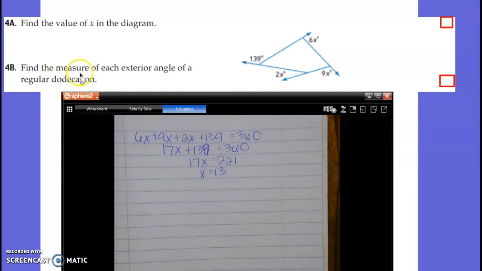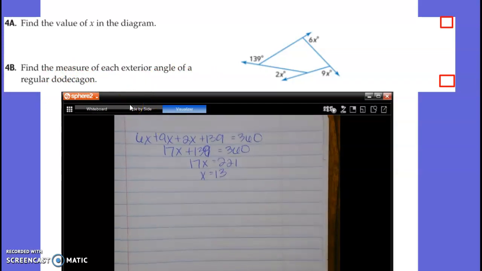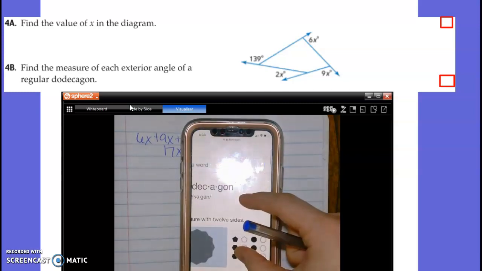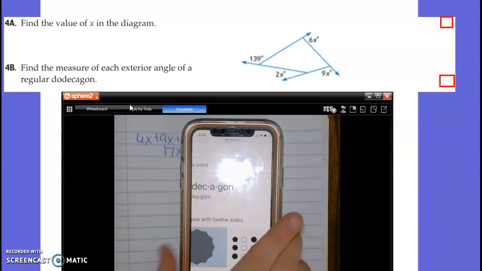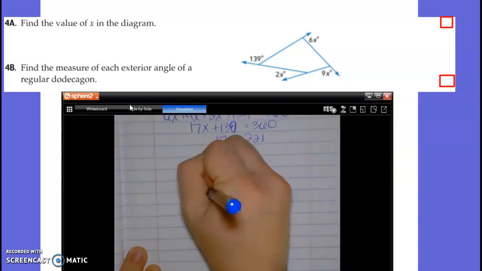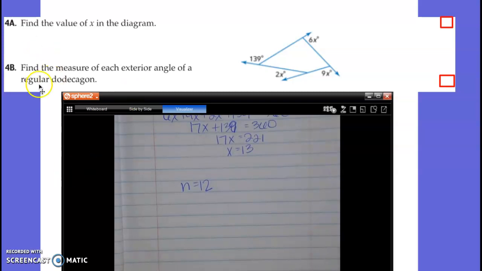So now, when it says find the measure of each exterior angle of the regular dodecagon, now a dodecagon has, let's Google, a dodecagon is an image that has 12 sides. So if it has 12 sides, that means that we would have a value of n equal to 12. And because they said that it is regular, that means that every single exterior angle is congruent.